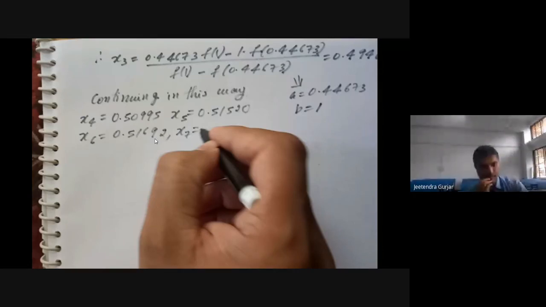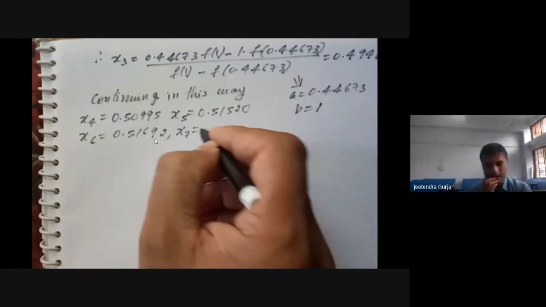B already is 1. And then find f of B. Substitute it in the formula. That is how we have simplified for x3. Substitute the values and then we get x7.